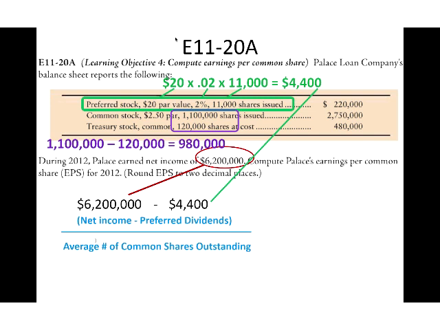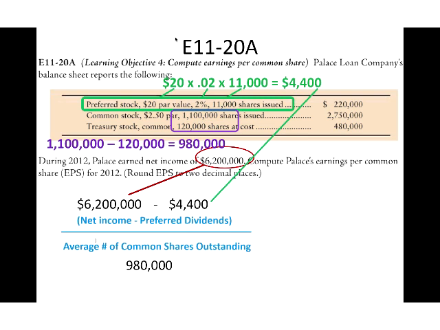So we take those common shares of 1,100,000, subtract the treasury shares that we bought back, so we actually have 980,000 shares outstanding. So that 980,000 is our denominator, goes on the bottom.